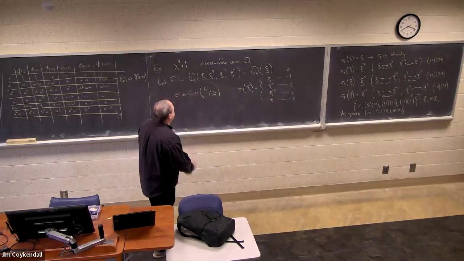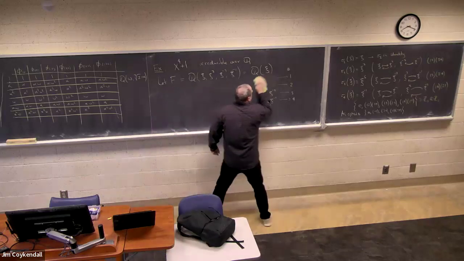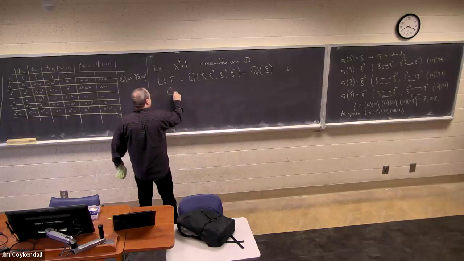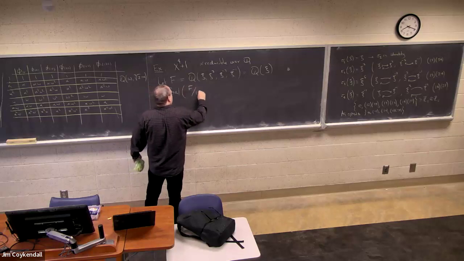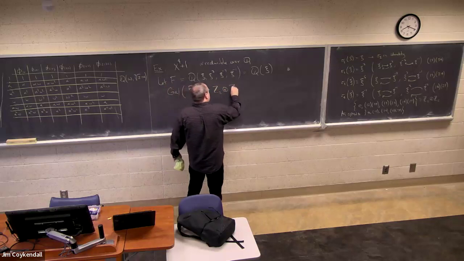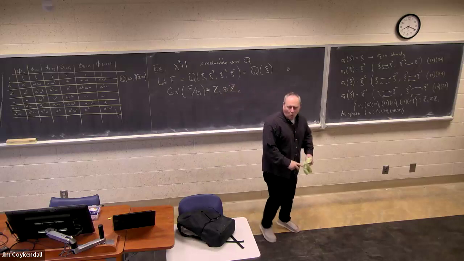Here's another question. For this one, I think we've kind of discovered that the Galois group of F over Q is Z2.